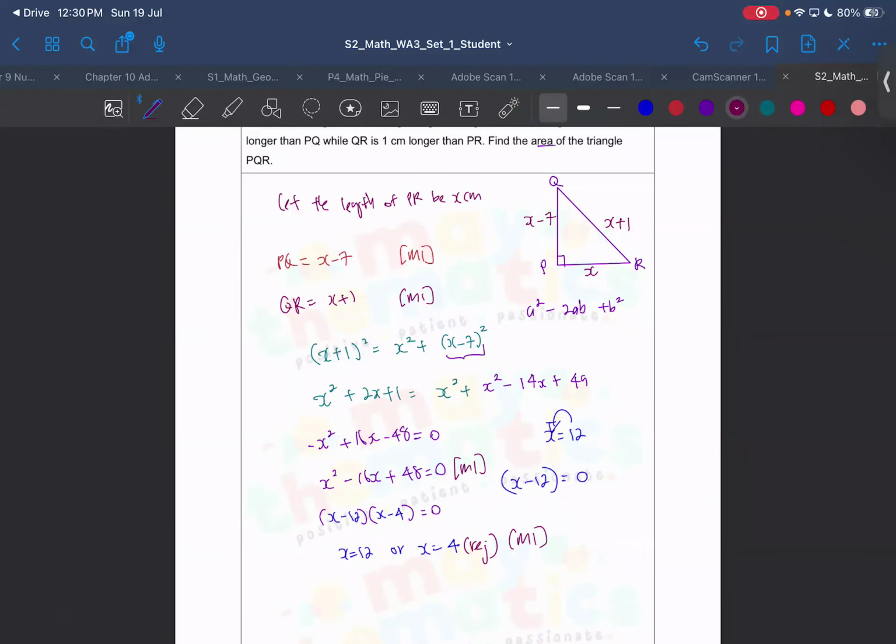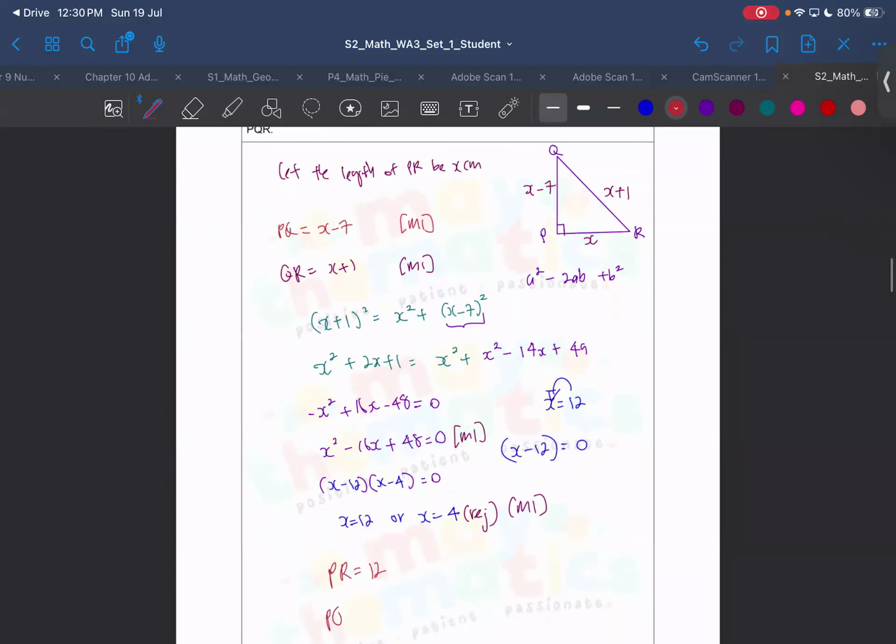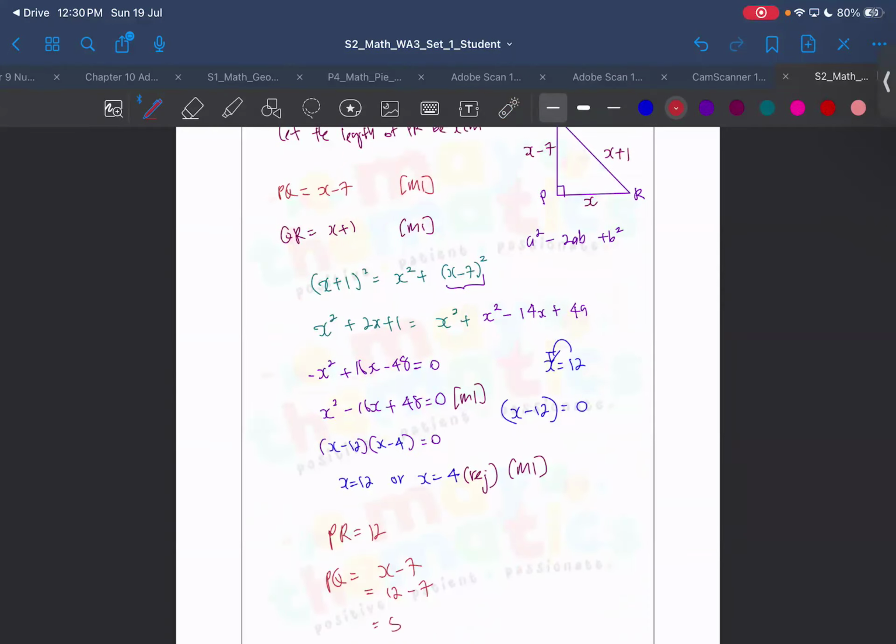Now I know that PR, I can find the individual length. PR is 12, so PQ will be X minus 7, which is 12 minus 7, 5. Then the area will be half times 12 times 5.